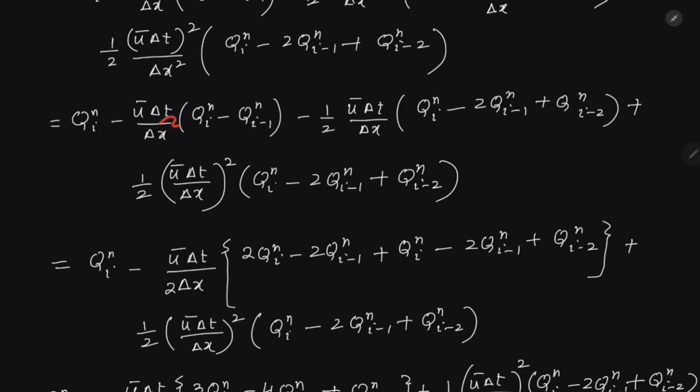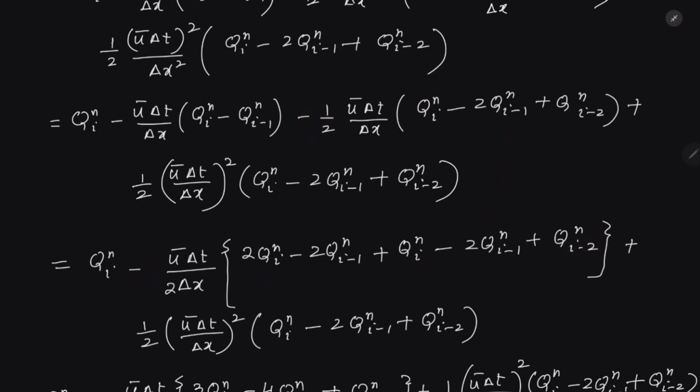So when we take common u bar delta t by 2 delta x from here, we get, after taking the LCM, 2q_i minus 2q_{i-1}. Since we have a minus outside, this becomes plus q_i minus 2q_{i-1}, since this has become plus.